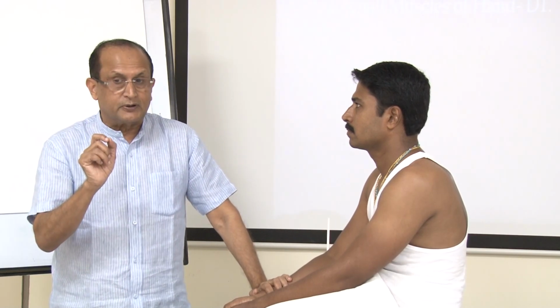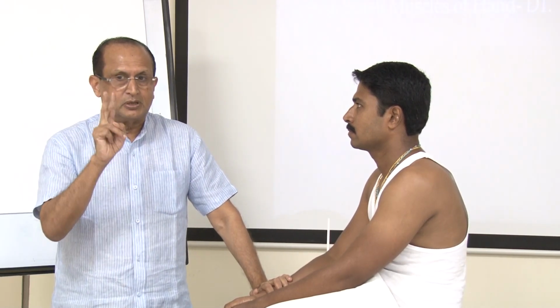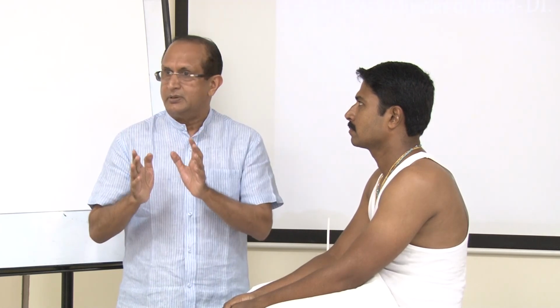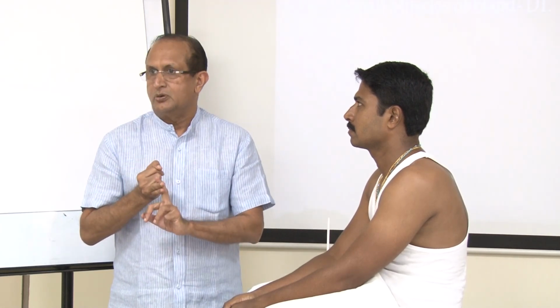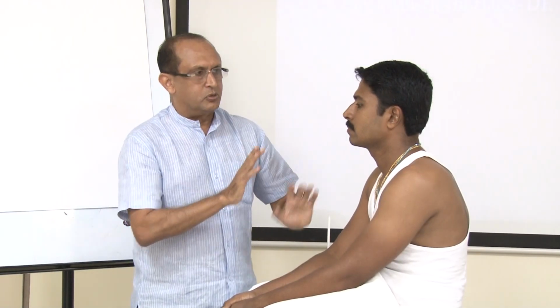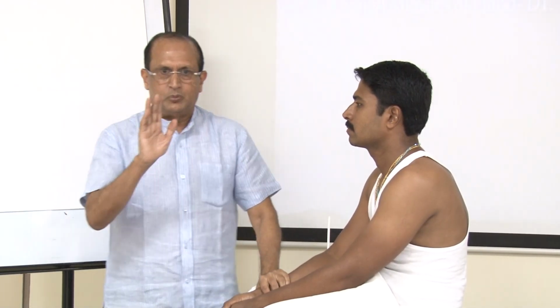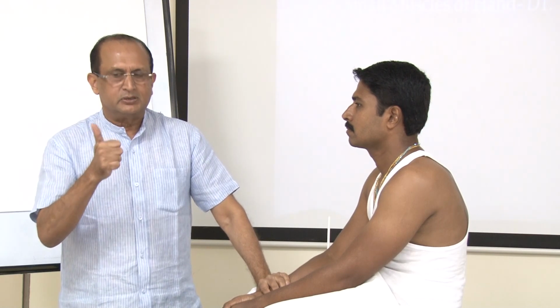Now your task is to find out whether this patient has monocular diplopia or binocular diplopia. What will you do? You ask him to close one eye. If the diplopia disappears, it's a binocular diplopia.